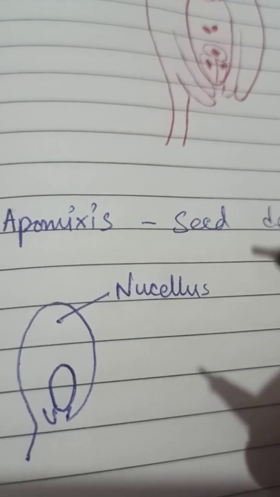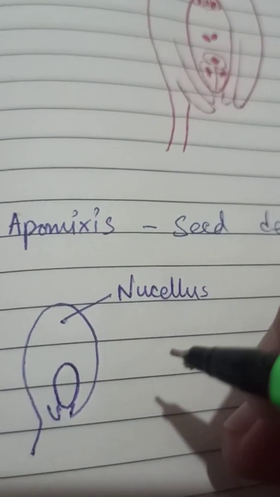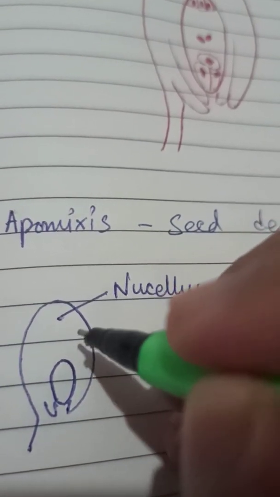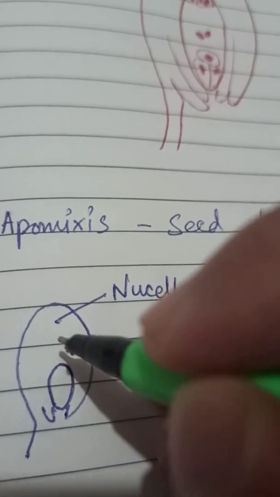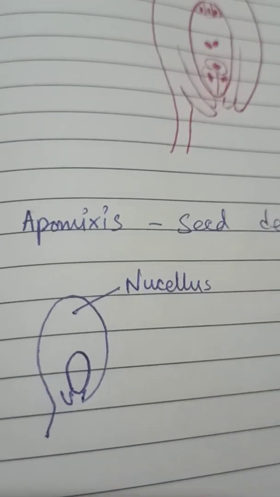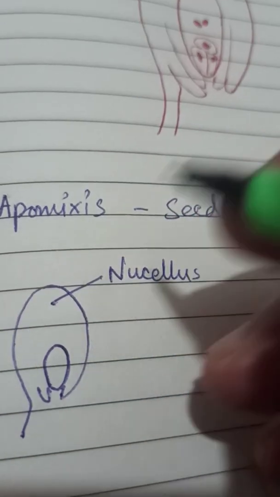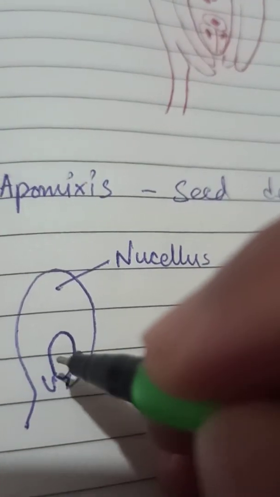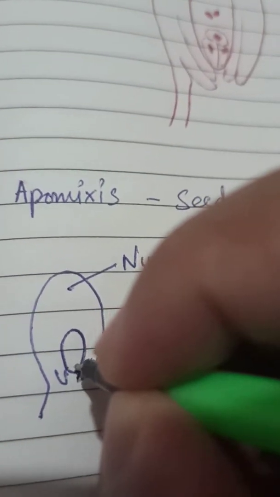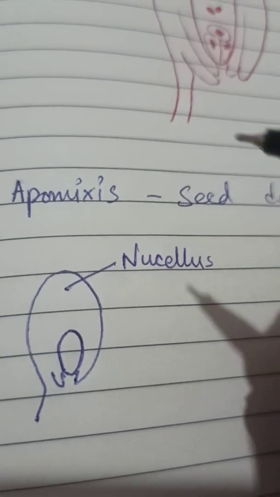All right. But in this case of apomixis, the nucellus divides directly into the embryo sac. It can transform into an embryo sac, but that embryo sac will not undergo fertilization of the egg.